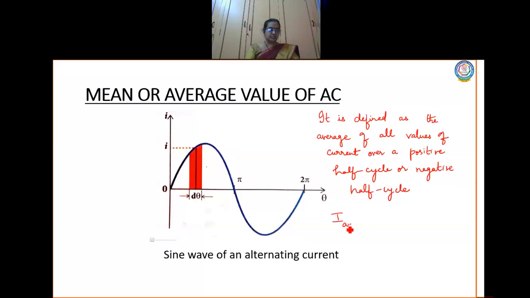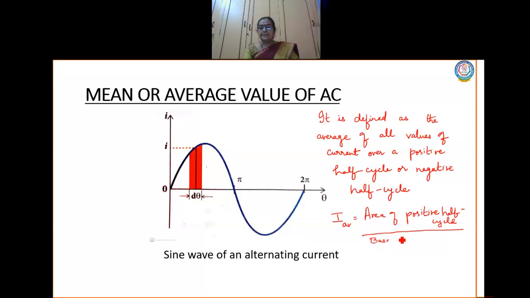I average is equal to the area of the positive, now it may be positive or negative. For my convenience, I will write positive half cycle. Here you may have a negative half cycle also. So the area of the positive half cycle divided by, how do you calculate the average?